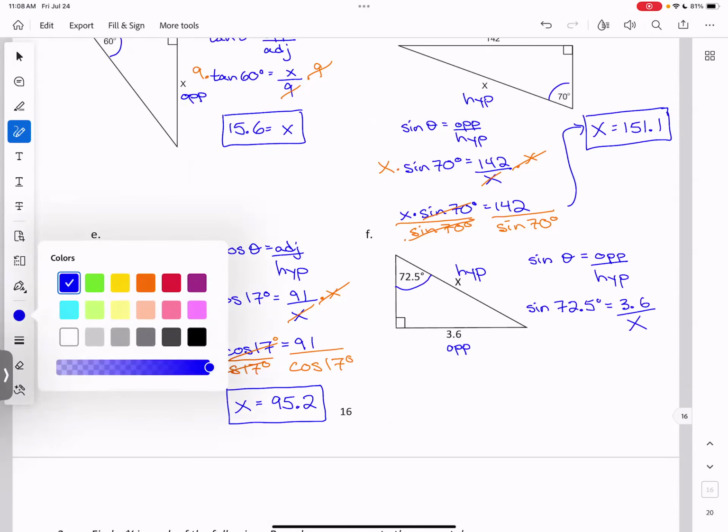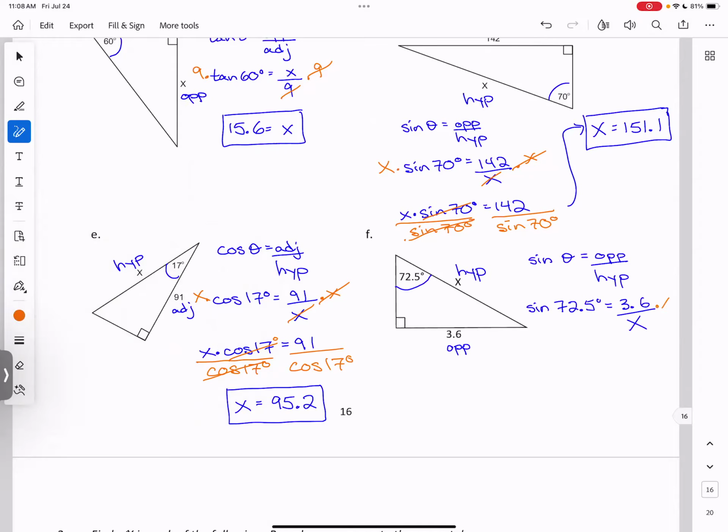Let's multiply both sides by x to get that x out of the denominator. Okay, so now we're left with x times sine 72.5 equals 3.6.